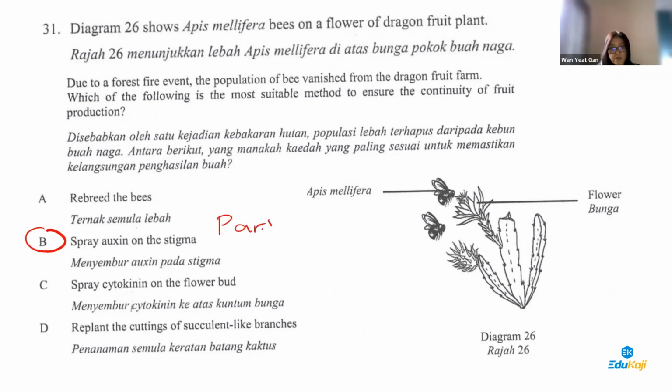This method is called parthenocarpy, which is the production of seedless fruit. So the auxin will induce the formation of fruit without seeds. Therefore, in parthenocarpy, this process does not involve pollination and does not involve double fertilization to produce the fruit.